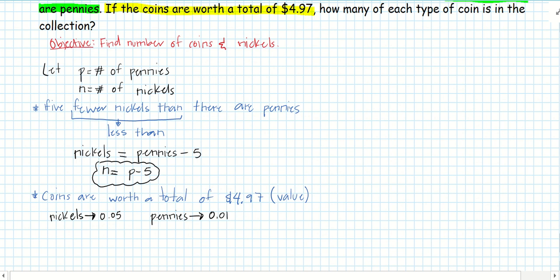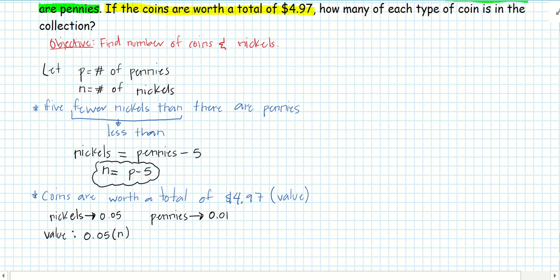So if we're talking about the price value of the nickels in regards to the number of nickels that we have, then the value in the collection of nickels will be 0.05 times the number of nickels. Each nickel is 5 cents. If we have 10 nickels, then it'll be 50 cents, right?